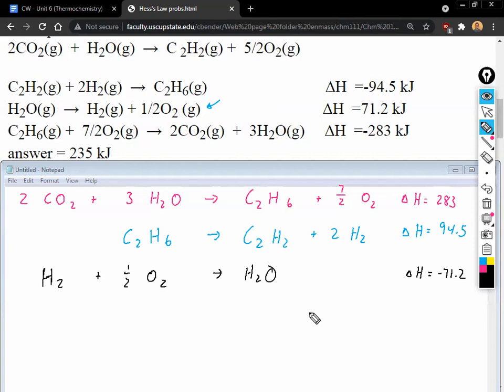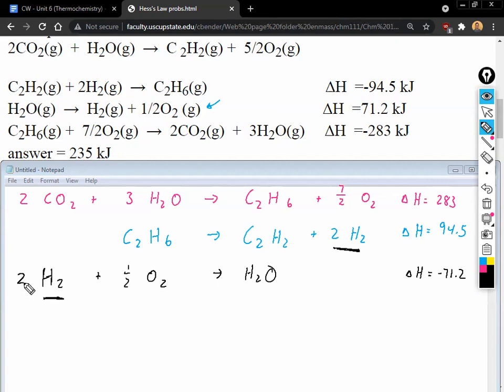Sure. Any questions? Okay, now the big problem here is H2. H2 does not even belong in the equation. There's no H2 in the final one, so let's get rid of H2. Now, if I want to get rid of both of these H2s, I only have one here. So what do I have to do to this equation on the bottom? You got to double it, right?